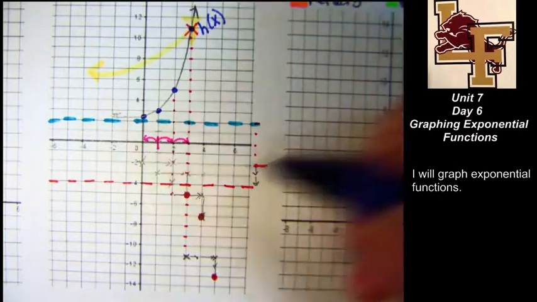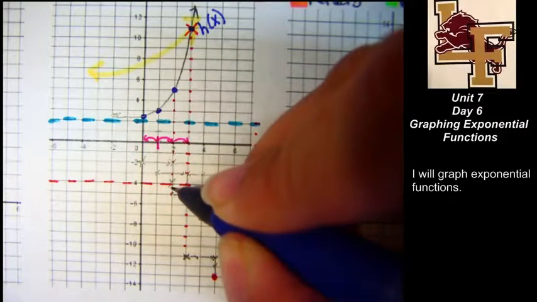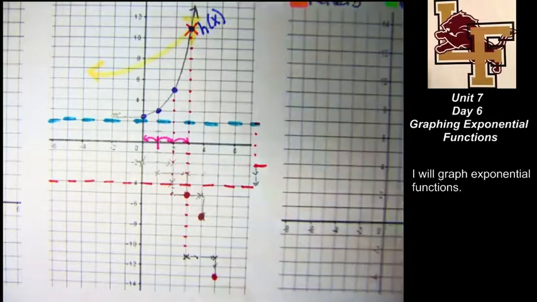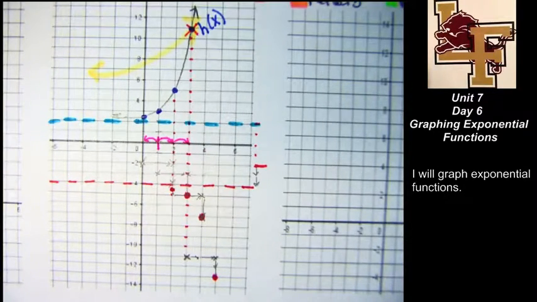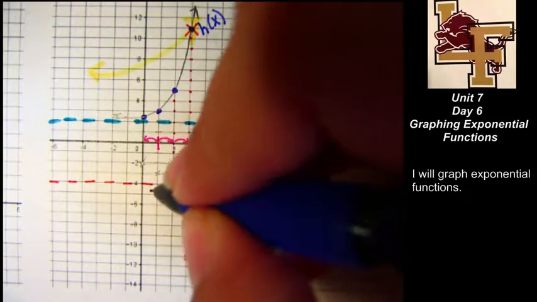I'm on my asymptote, and then I'm going to shove it really close to the asymptote, on this side, right there. That's how you graph those ones that are really close to the asymptote: grab the asymptote, move the point as if it were on the asymptote, and then step away from it just a little bit.